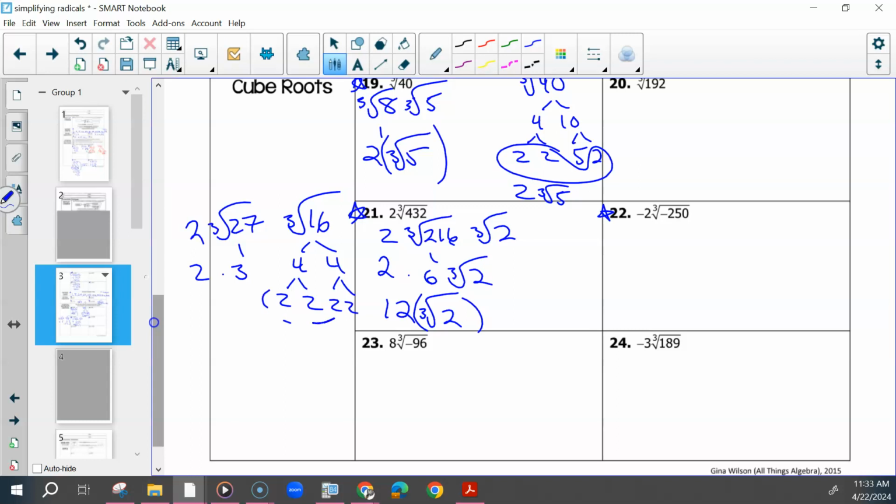I have another group of 2's that needs to come out. So I have the original 2 times 3 times another 2 times the 2 on the inside. And this will give us 12 times the cube root of 2. So you don't have to use the highest, but it's easier if you do.